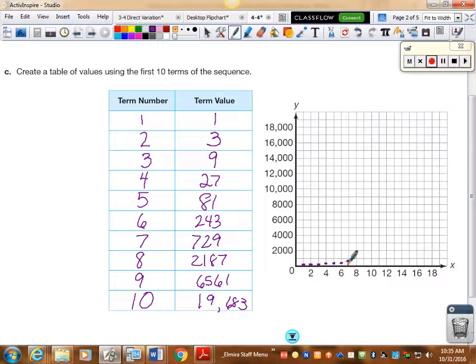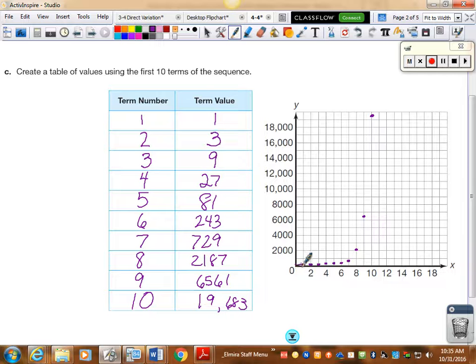8, 2187. A little over 2,000. 9, 6561. And 10, 19,683. 18,000, 19,000, all the way up here.